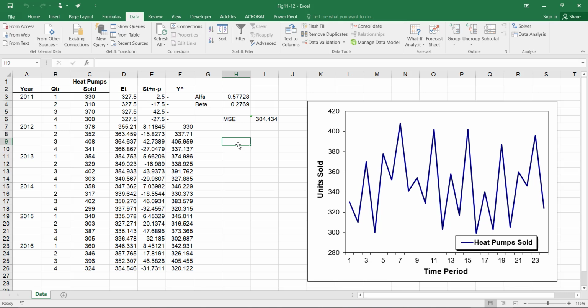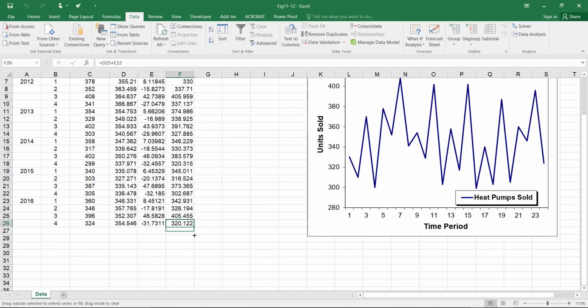So these are the forecasts that we have, and then we can use this forecasting for the next period. So for 2017, our forecast for each of the time periods is as follows. We will get 362 for the time period 1, which is this value plus the seasonal effect of time period 1.